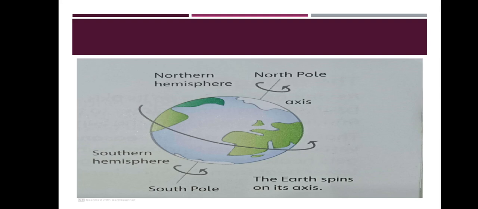Now look at this line that is coming out of the Earth, around which we are showing an arrow. Actually, Earth rotates around this axis, just like a top revolves around its center. Just look at the spinning motion of the Earth.